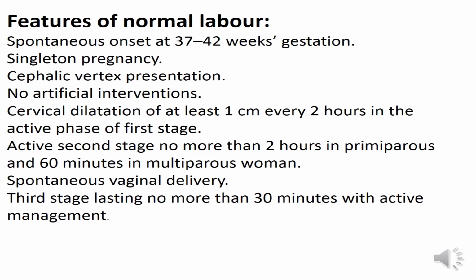Cervical dilatation of at least 1 cm every 2 hours in the active phase of first stage. Active second stage no more than 2 hours in primiparous and 60 minutes in multiparous women. Spontaneous vaginal delivery. Third stage lasting no more than 30 minutes with active management.